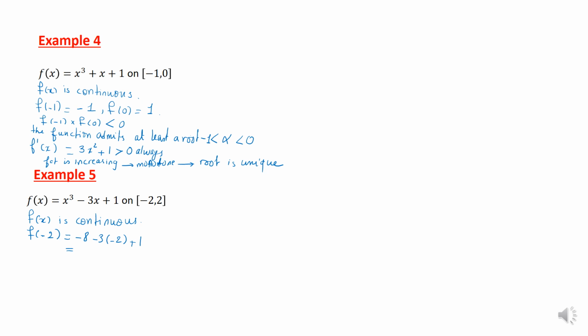So it's negative 1. F of 2 is 8 minus 3 times 2 plus 1. So it is 8 minus 6, 2, plus 1, it is 3. Also, f of negative 2 times f of 2 is less than 0.